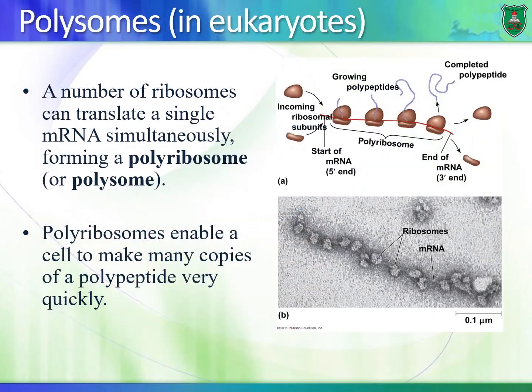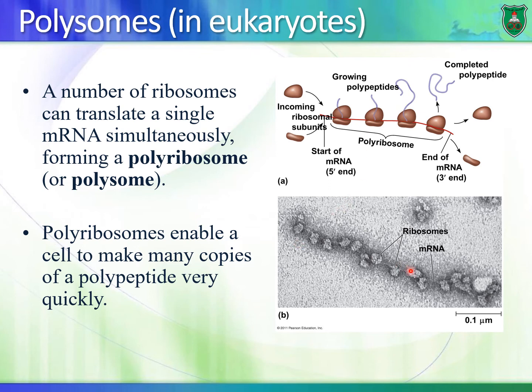Now in eukaryotic cells, there are polysomes as well. Now, you don't have this coupling between transcription and translation, but from the same messenger RNA, you can have multiple ribosomes sitting on the messenger RNA producing the same polypeptide. So you have a structure that looks like this as well.